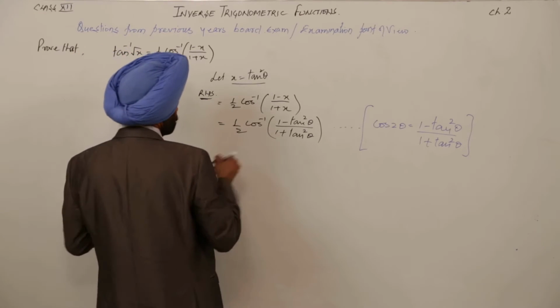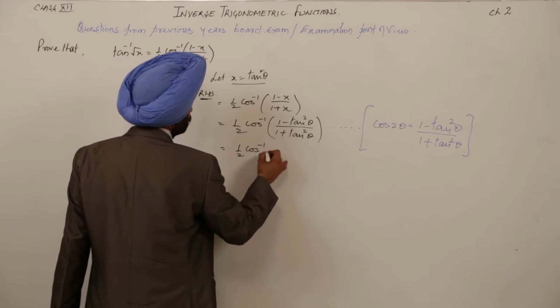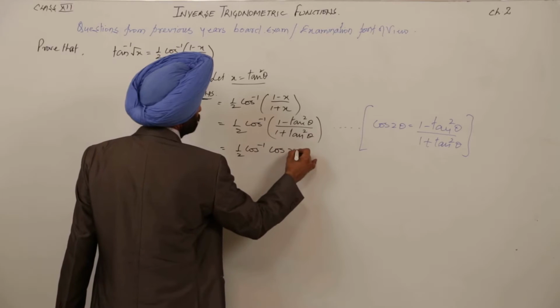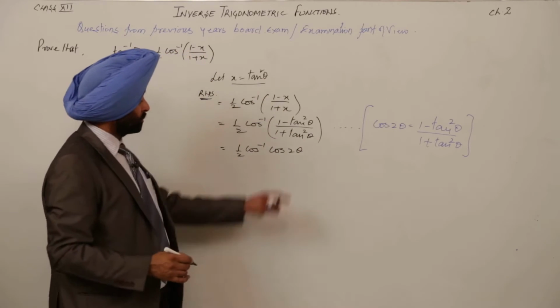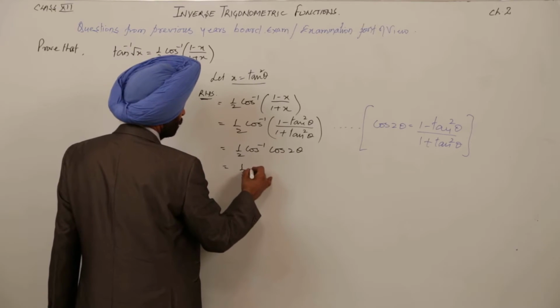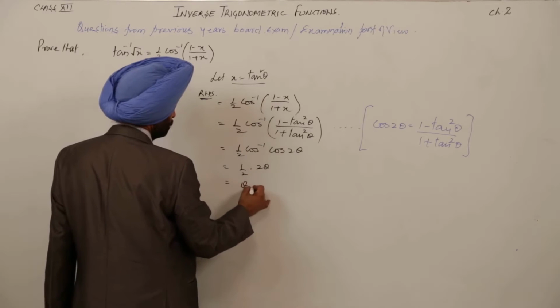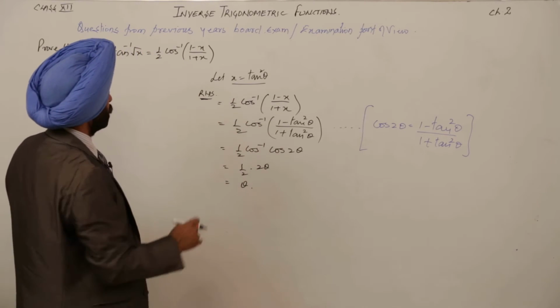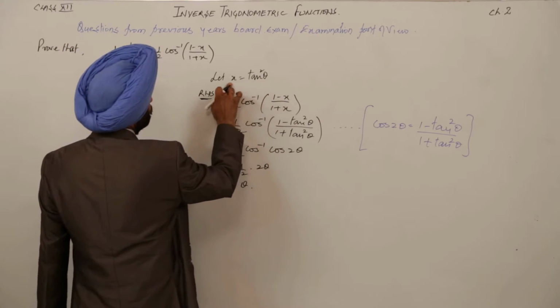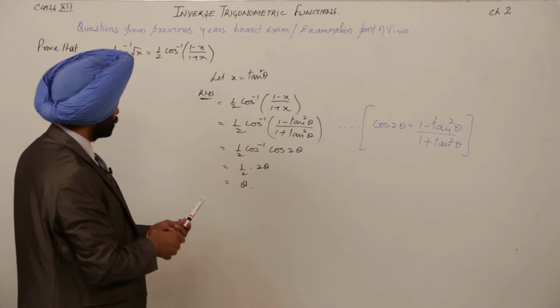So the result becomes half cos inverse cos 2 theta. So this part becomes 2 theta. Now half times 2 theta further becomes theta. Now what we did here, we took x is equal to tan square theta.